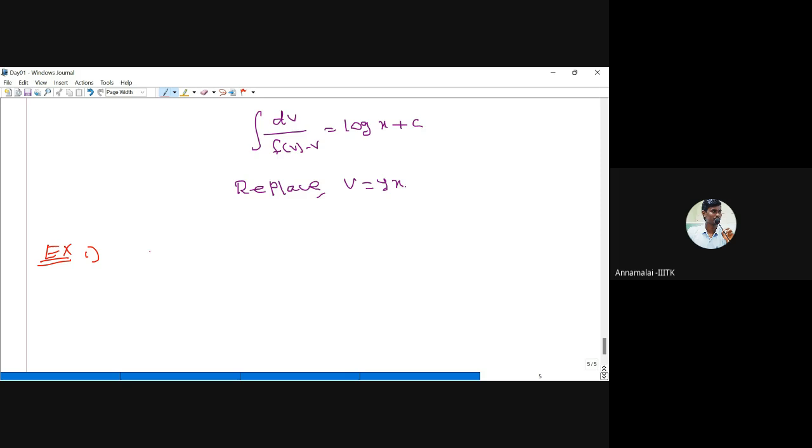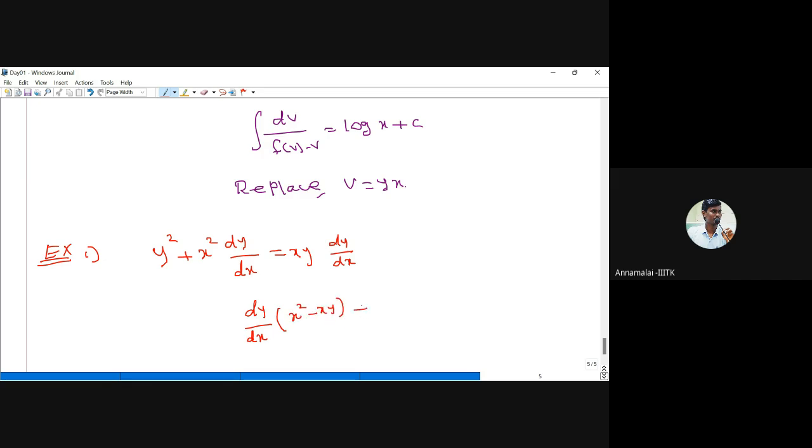Solve (y square plus x square) into dy by dx equal to xy times dy by dx. Wait, we take this dy by dx to that side and then take dy by dx outside. If we take dy by dx outside, we get x square minus xy, right?